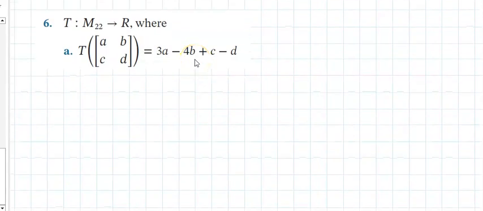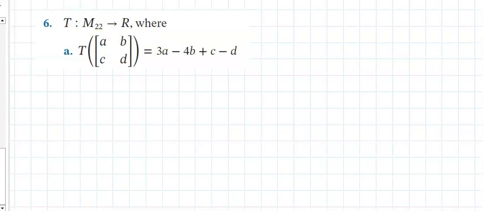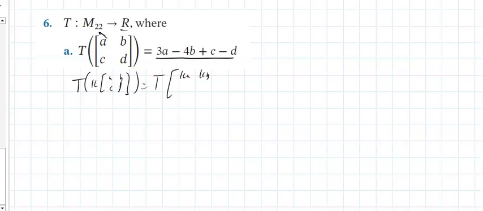Here we are. Number 6, we would like to look at M22, matrices A, B, C, D, and it's going into R. So real, well, let's see. That's how the transformation applies. If I take the transformation applied on K times A, B, C, D, wouldn't you say that's going to be the transformation applied on KA, KB, KC, and KD?